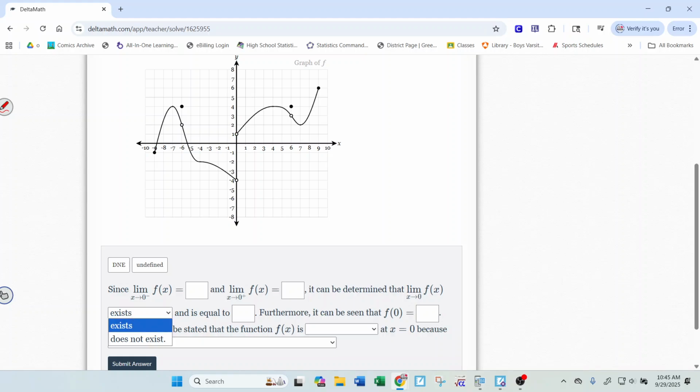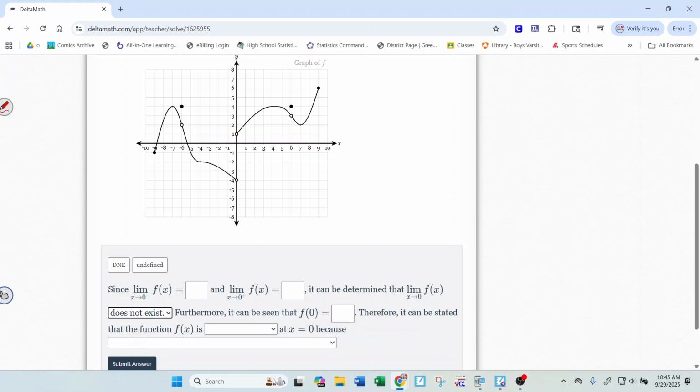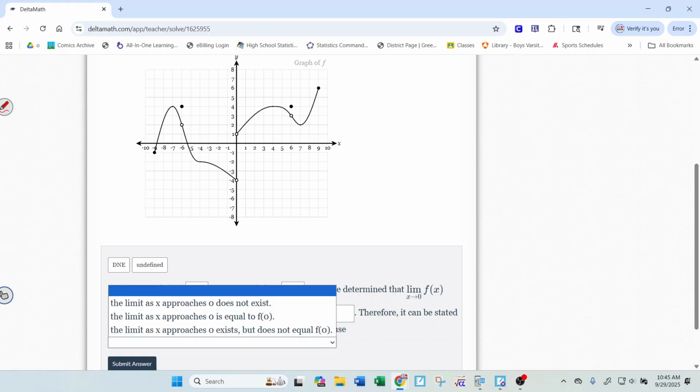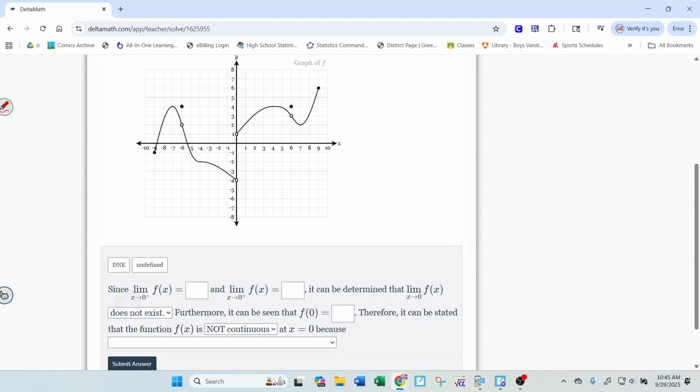Does not exist, and if you click not exist, the equal to goes away. Furthermore, it can be seen that what is f of 0? In this one, there's no dot, it doesn't exist. Therefore, it can be stated that the function is not continuous at 0 because the limit doesn't exist. So you're just using that definition of the limit existing and the function value.